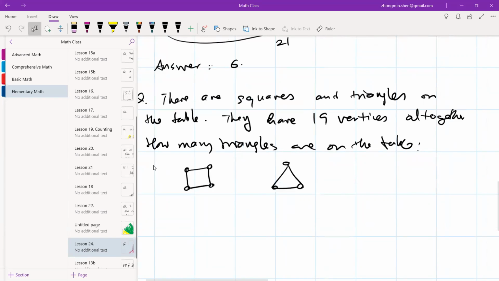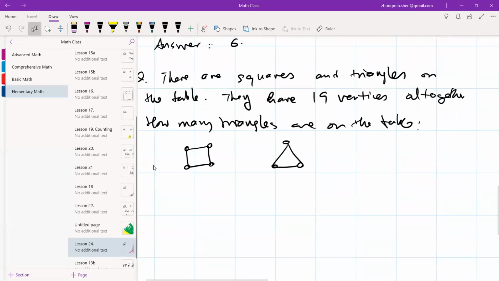Okay. Anyone can give me the answer? Yes, 5? 5 triangles, 4 squares? Yeah, 5 triangles, it's possible.